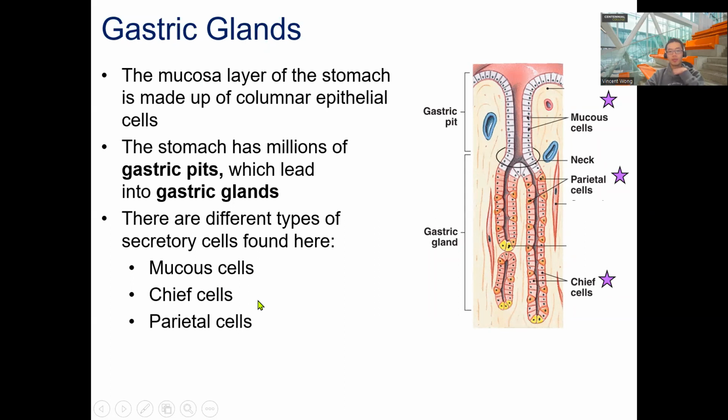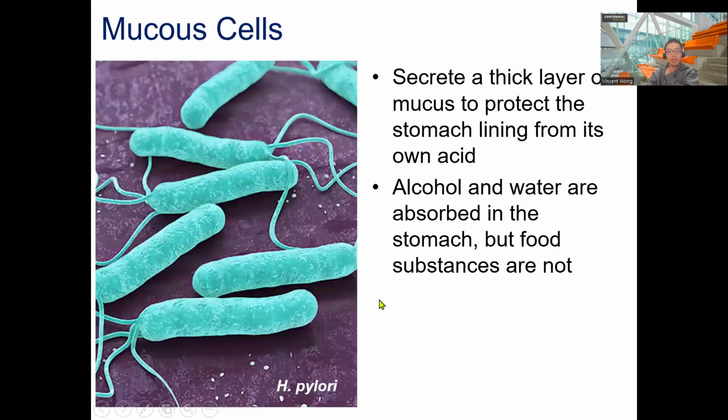We already talked about the different cell types and what they do. So the H. pylori that I was telling you about, right? They actually bury themselves in the thick mucus layer of the stomach lining, and that's how they get protected from the acid.